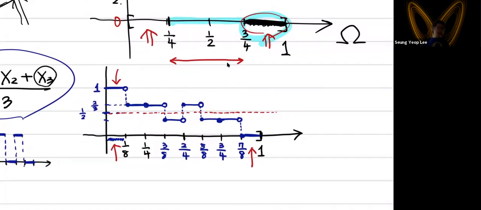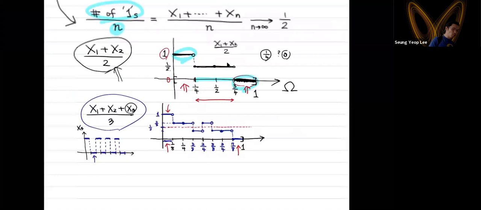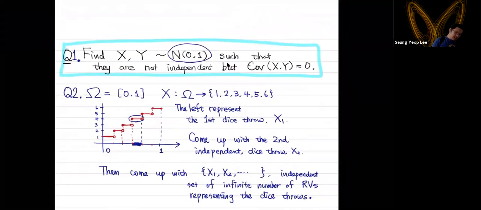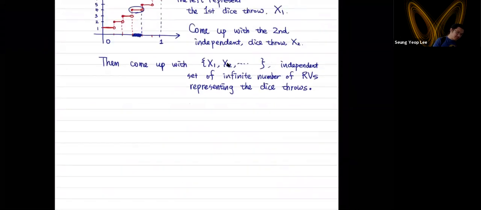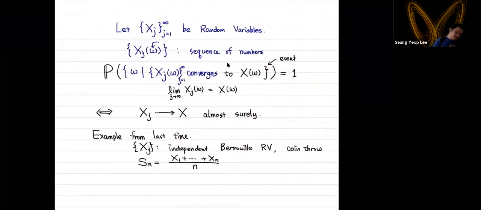This dotted line in red is another random variable, which is just a constant function, all through half, everywhere half. So it converges to this function 1/2. Sorry for going back and forth.